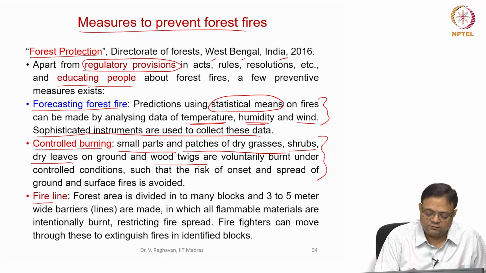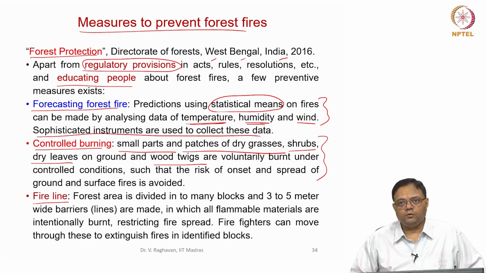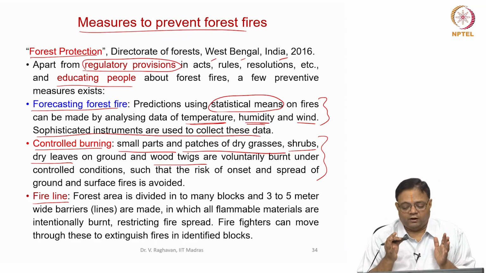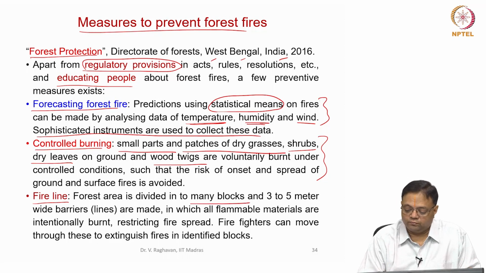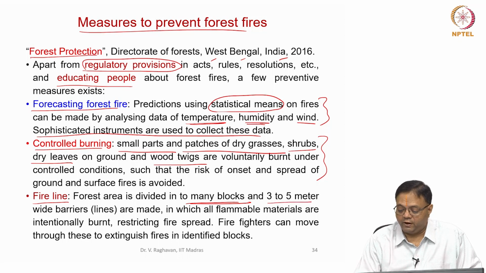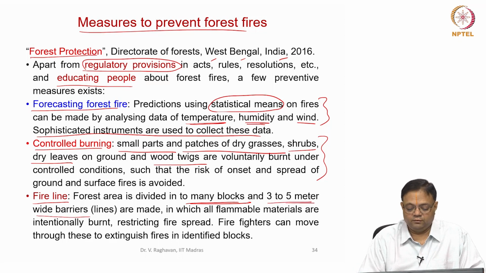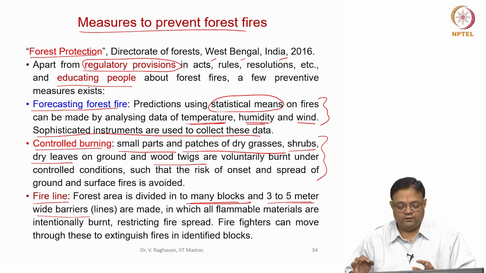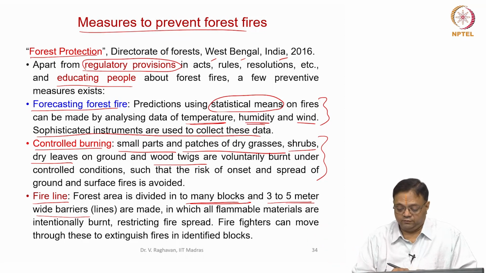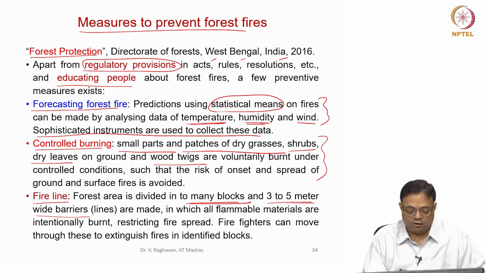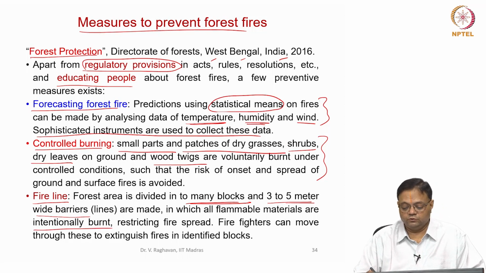Then the third is the fire line. You have a forest area, you know the forest area. Now the forest area is divided into many blocks. These blocks can extend to 3 to 5 meter wide barriers, and segregate or discretize this area into several parts, in which the flammable material is intentionally burnt.